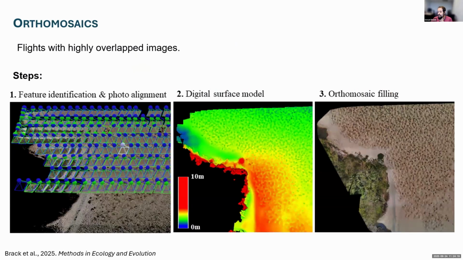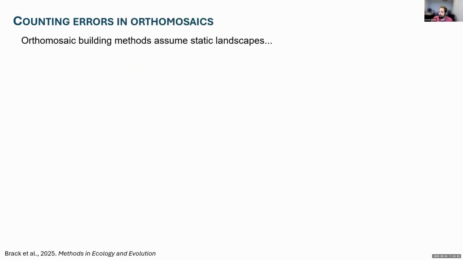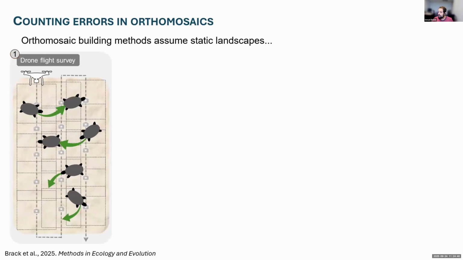Orthomosaics consist of rectified two-dimensional maps created from stitching overlapped images. They have this problem that the methods to create orthomosaics assume that the landscapes are static. So when we are interested in counting moving animals, this can be very problematic.